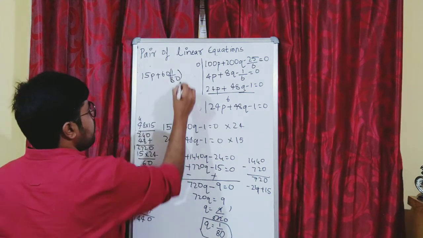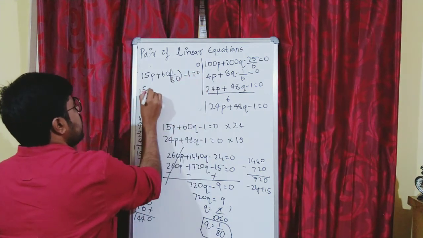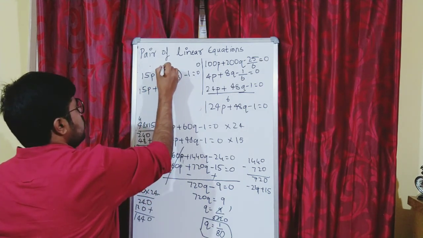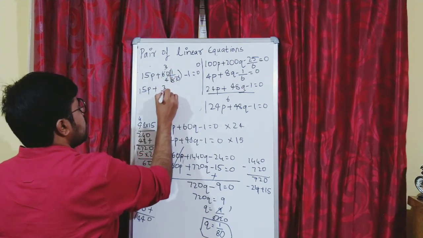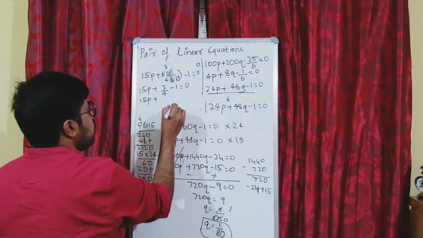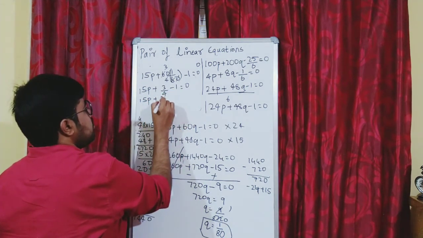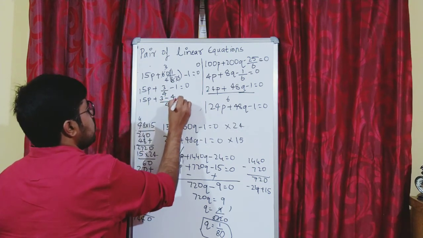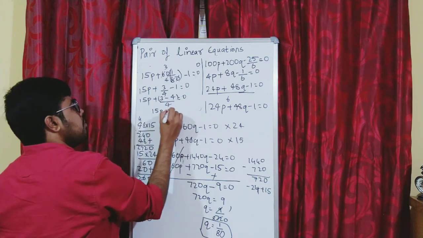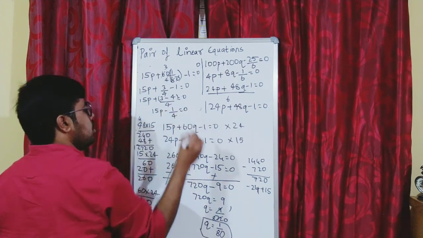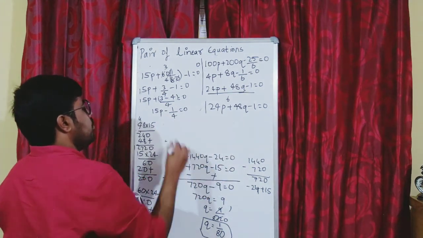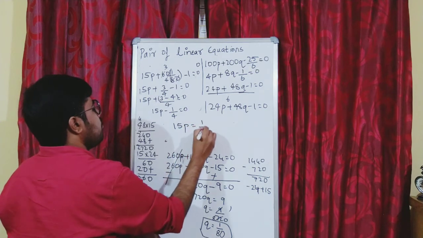I just substitute the value. 15p plus, 0 0 cancel, 6 by 8 is 3 by 4, minus 1 equal to 0. 15p, and this 4 goes here, 3 by 4 minus 1 equal to 0. 15p equal to, 3 minus 4 is minus 1, so 15p equal to 1 by 4.